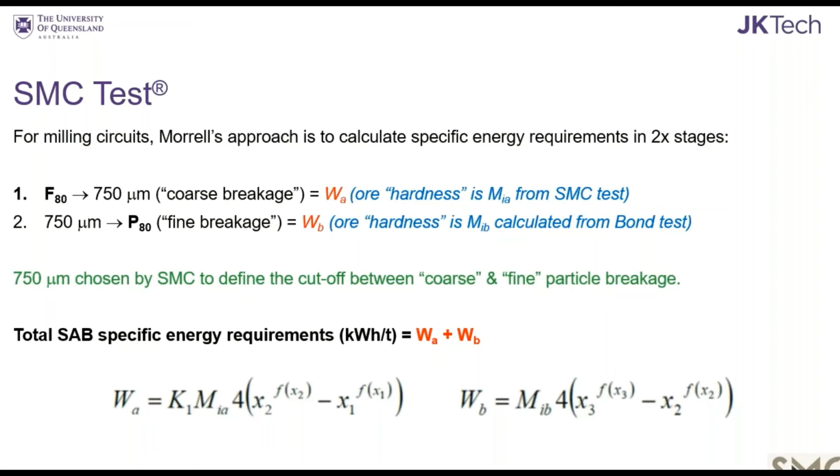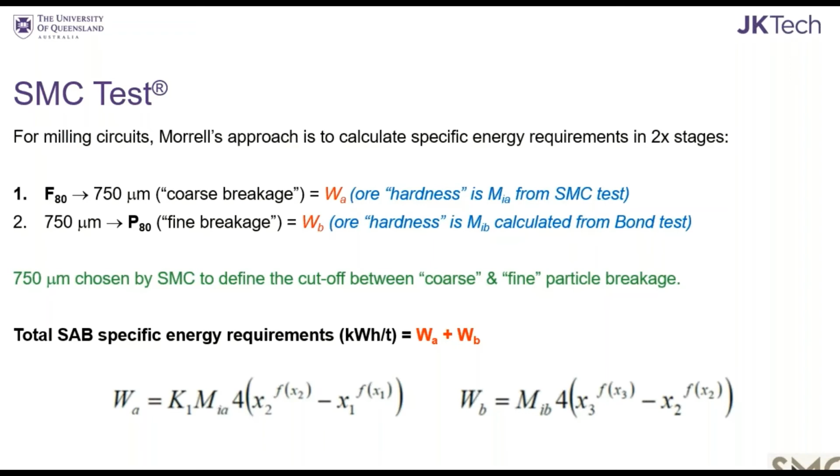But generally, the equations there, so Wa being the coarse breakage and Wb being the fine breakage. I've got a couple of equations there, so it's very similar, I guess, to Bond's equation overall. Basically X1, X2, and X3 relate to the P80 and F80s.